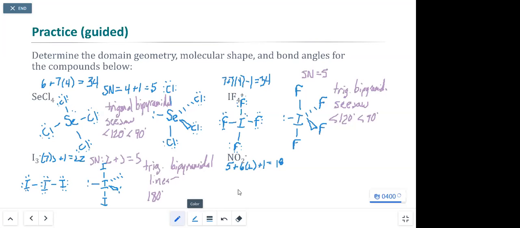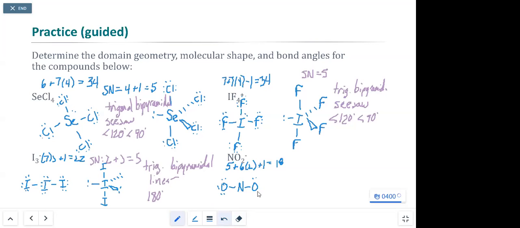Now, if we draw this out from a Lewis structure standpoint, starting with the simplest structure, we would recognize that this Lewis structure, 2, 4, 6, 8, 10, 12, 14, 16, 18, 20, has too many electrons. And if you recall, what we do when we have too many electrons is we have to take some away.